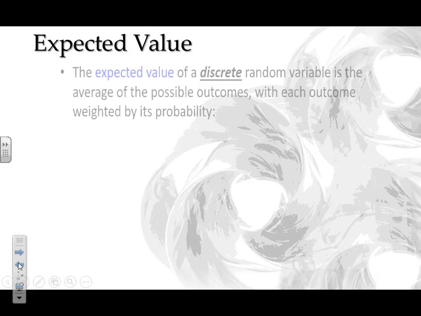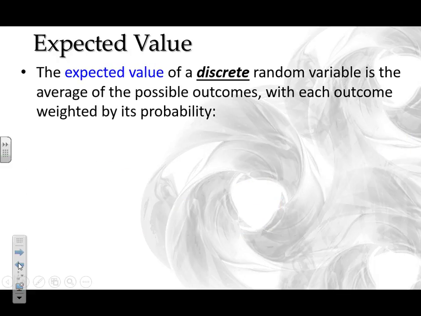So let's talk about how to actually calculate expected value, because we don't want to have to sit there and make histograms every single time and then try to discover where that center is going to be. So the expected value of a discrete random variable is the average of the possible outcomes, with each outcome weighted by its probability.